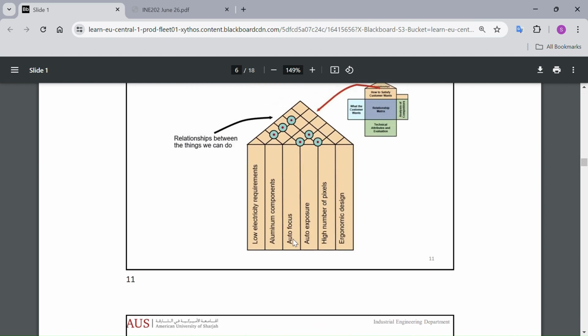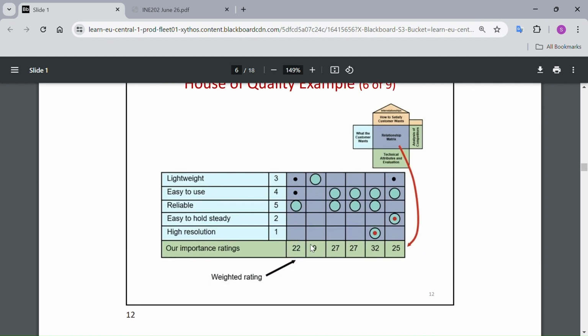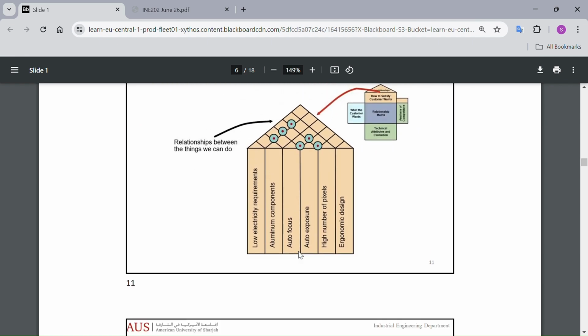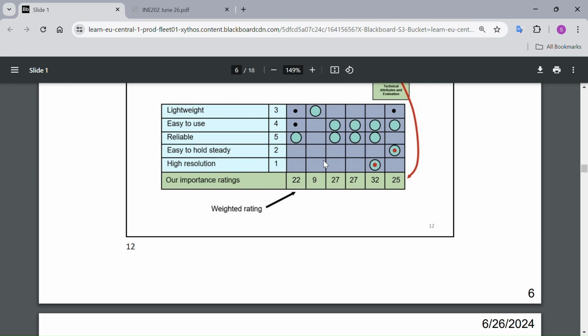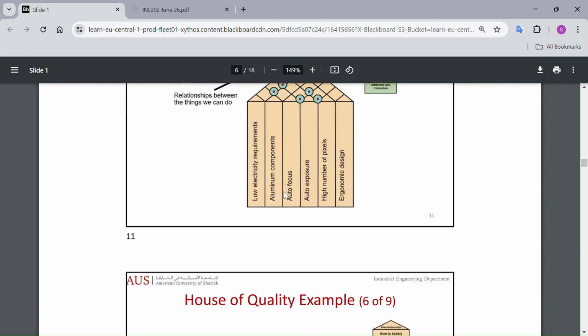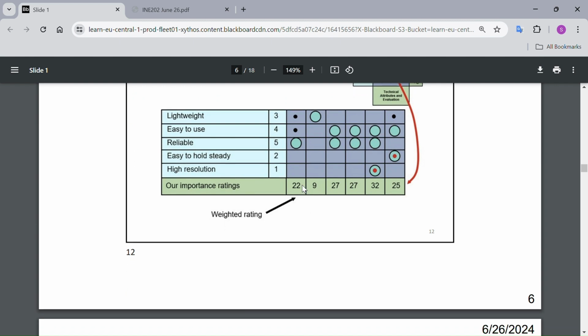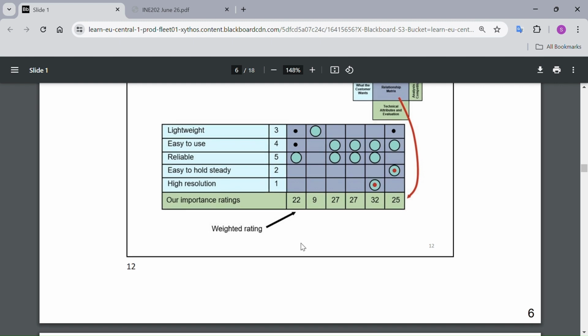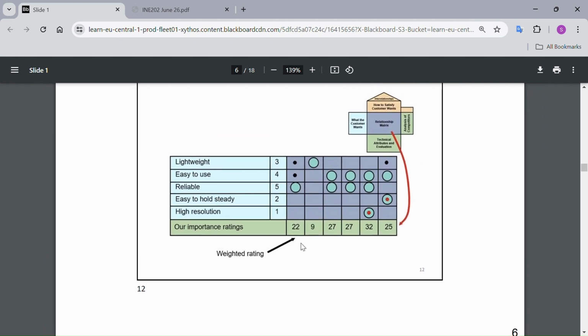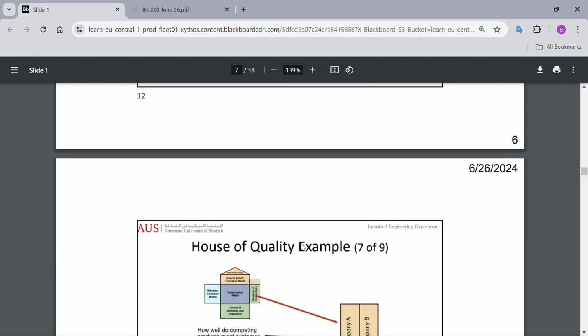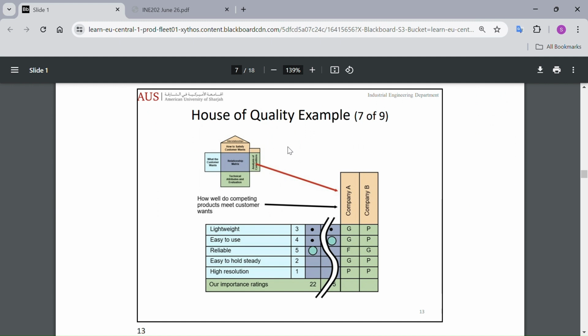Having auto exposure and autofocus are important parts also, and the ergonomic design is important, and the least important of all of those is apparently having aluminum components. Based on this importance rating, we can then design our product and plan ahead to make sure the customer's needs are satisfied.